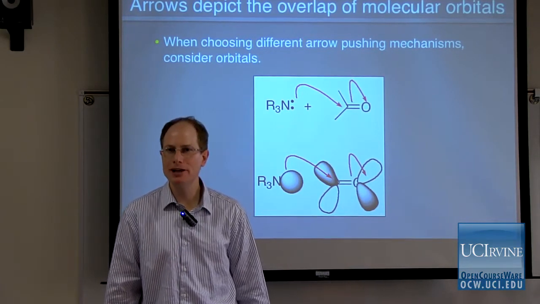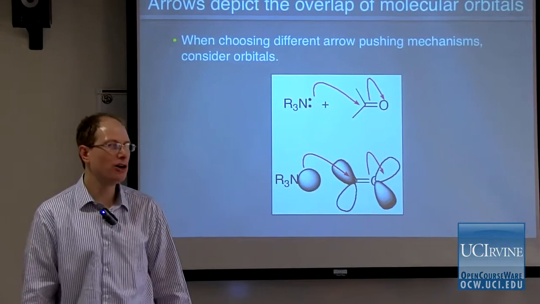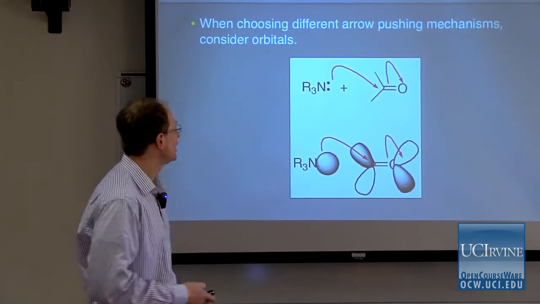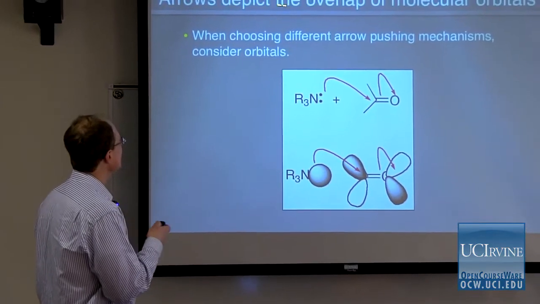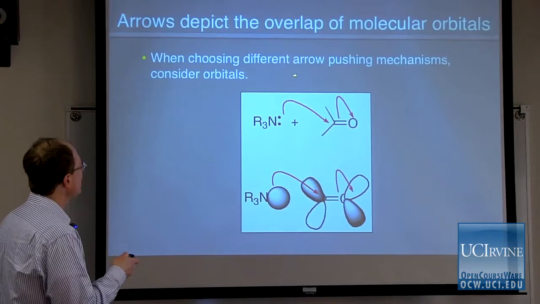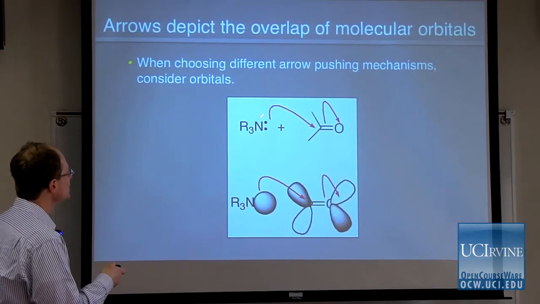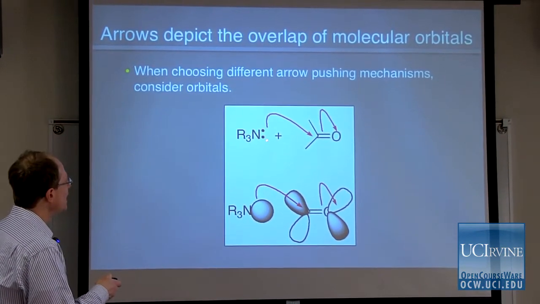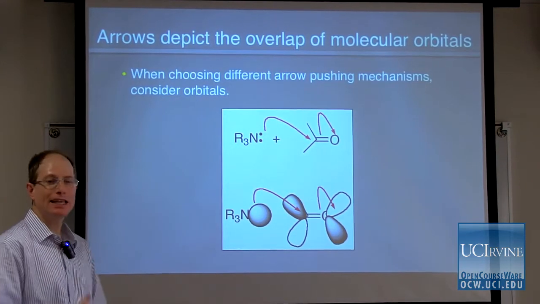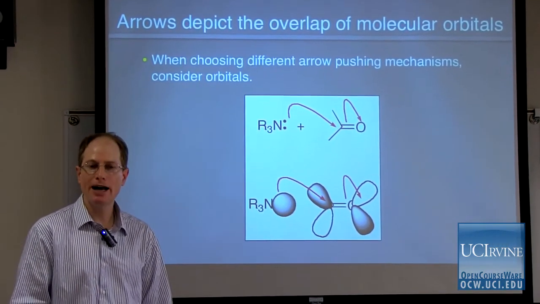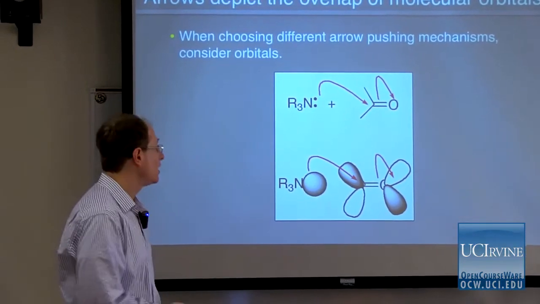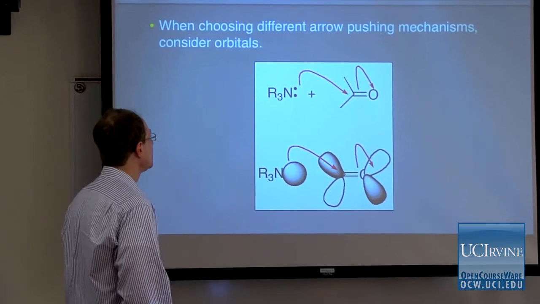Let me remind you of some conventions of those arrows and the conventions of this language of organic chemistry. The first of these is that these arrows depict the overlap of molecular orbitals so that they show, for example, electrons in a highest occupied molecular orbital overlapping with the unoccupied lowest energy molecular orbital of the second reactant of the reaction.